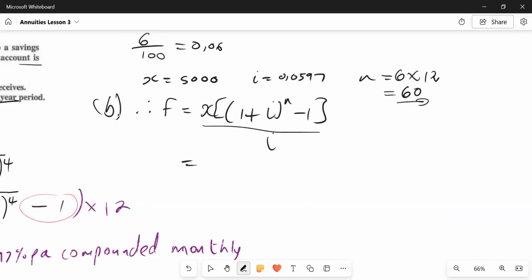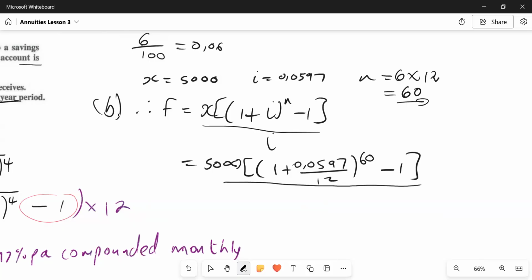And then from here, you plug in your information. So now you have your 5,000 there, then 1 plus 0.0597 divided by 12, to the power 60, minus 1, all divided by 0.0597 divided by 12.